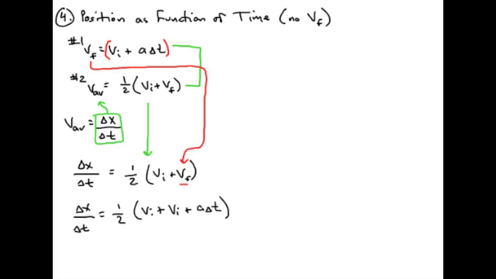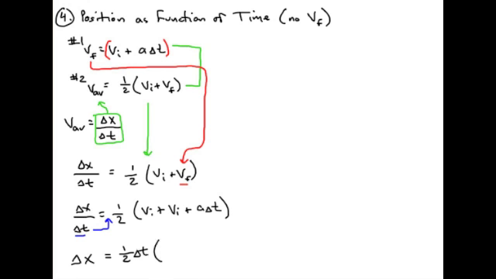So what we can do to simplify this is take our delta t on the bottom right here, multiply both sides by delta t, and bring it up to the numerator on the right side of the equation.